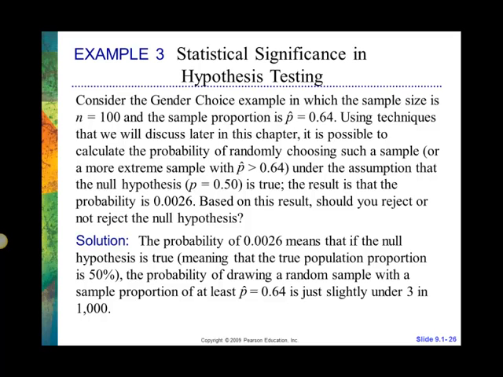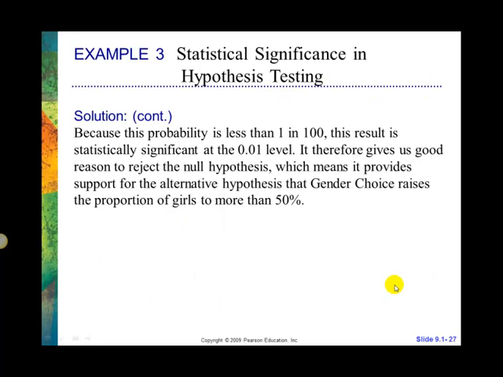And at the 0.0026 level probability, well, we can reject it. And here they're saying it's slightly under 3 per 1,000 chances. So we could reject at the 0.01 level of significance, which also means we could reject at the 0.05 level of significance. So we have a significant amount of evidence to reject the null hypothesis, and that supports the alternative that it does raise the proportion of girls that are born.